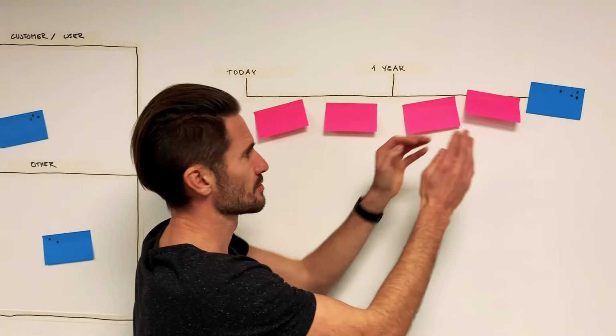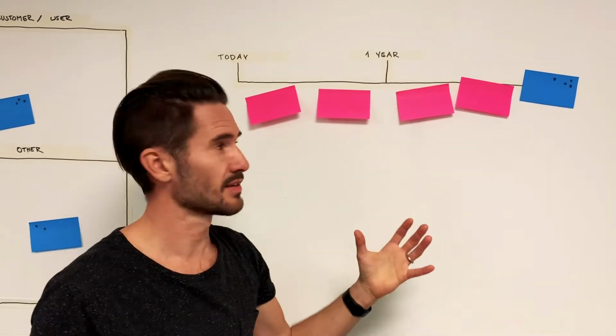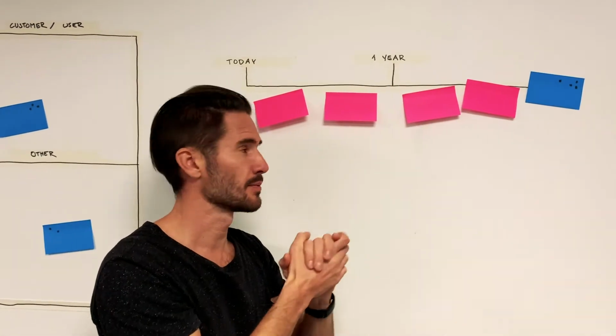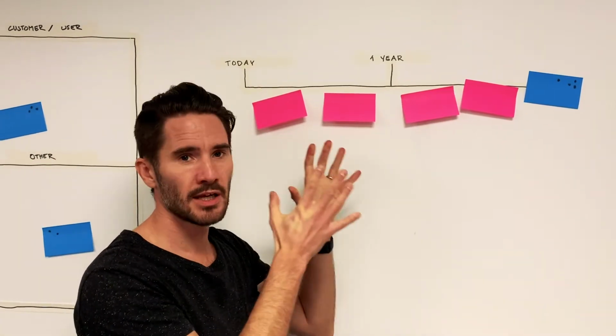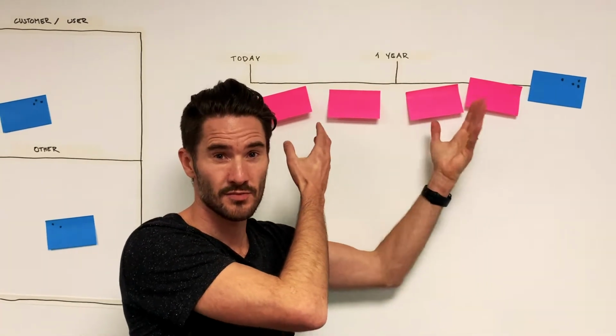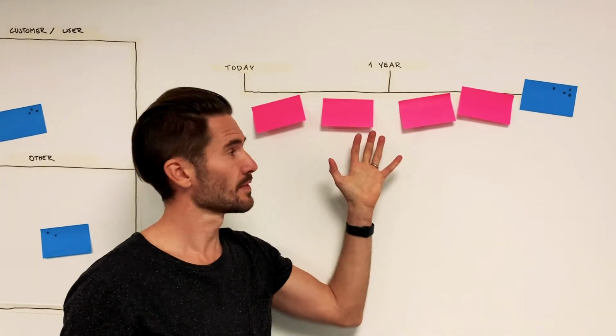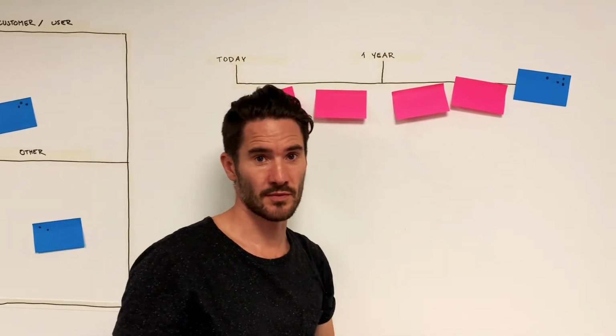So you basically just group them together. If there are 2 focus areas, for example, that are more or less the same, it's okay to group them together as well. So from here, you will get a timeline with all the prioritized suggestions for the first and second half. And you dot vote on these, and then it will look something like this.